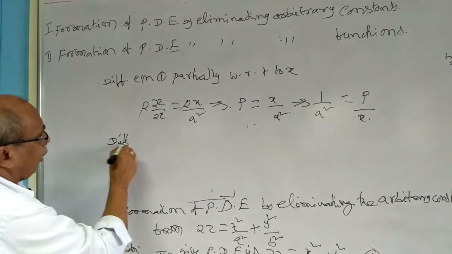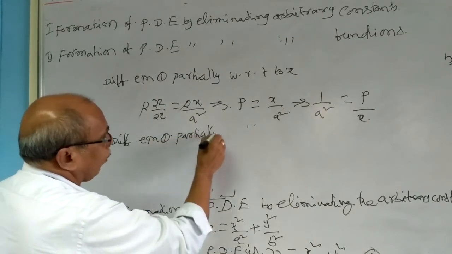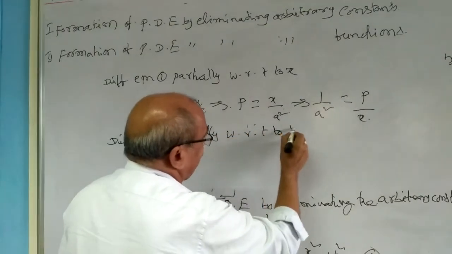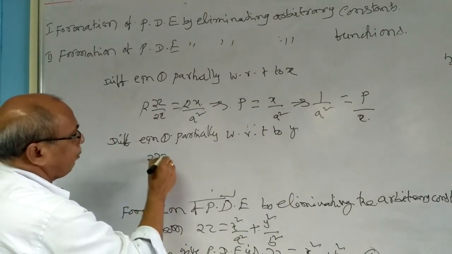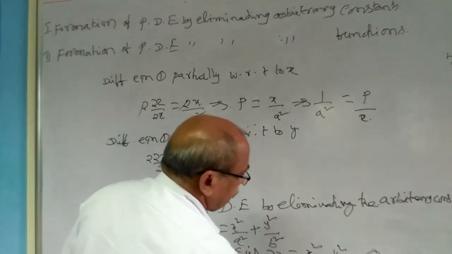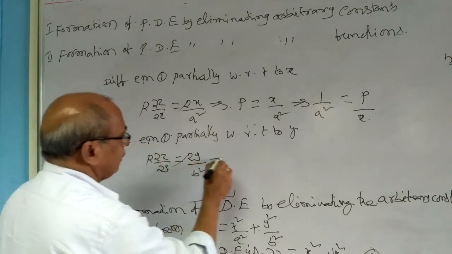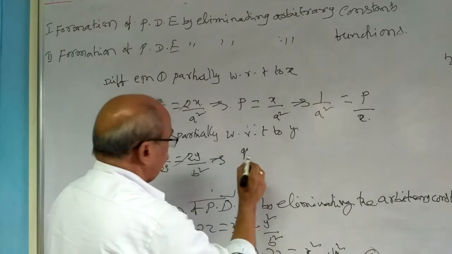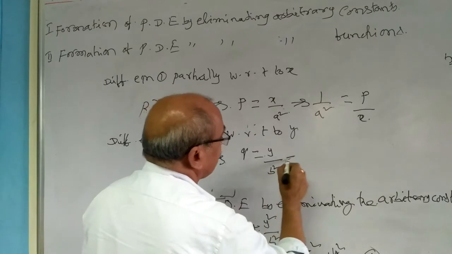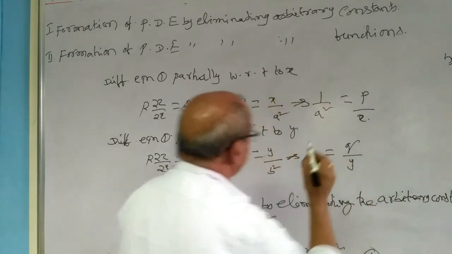Differentiating equation 1 partially with respect to y, that is 2 ∂z/∂y = 2y/b². 2 cancel, that implies ∂z/∂y, that is q = y/b². That implies 1/b² = q/y.